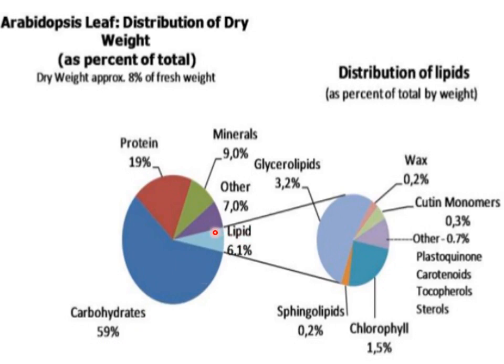If we further see the distribution of the lipids, 3.2% of the 6.1% is the glycerolipids. 0.2% is the waxes, 0.3% are the cutin monomers, and 0.7% are others, which may be composed of plastoquinone, carotenoids, tocopherols or sterols or any other. Chlorophyll is 1.5%, and sphingolipids are 0.2%.